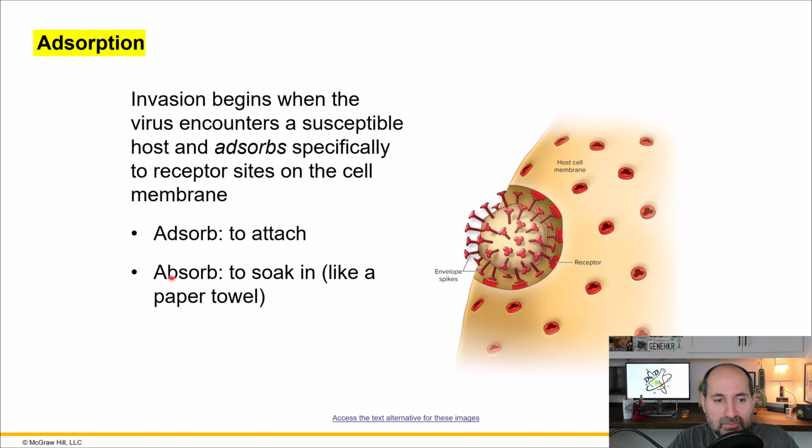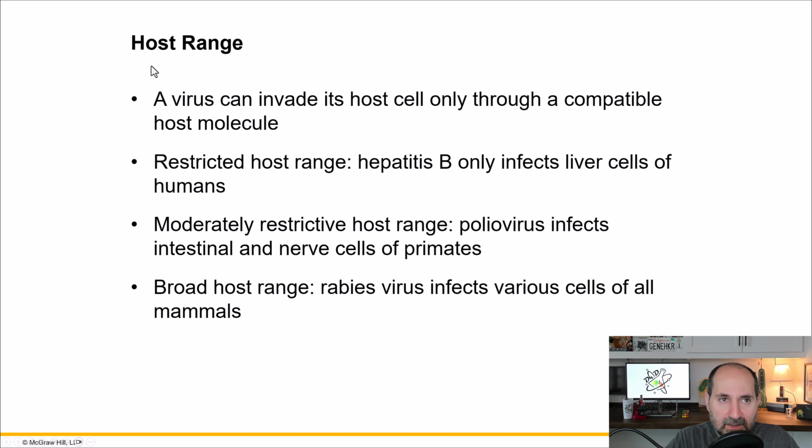Adsorption, remember, not absorption. Adsorption refers to attachment. The virus needs to attach to specific receptors on the host cell, and it does so with its specific spike proteins on the surface. And this dictates its host range.